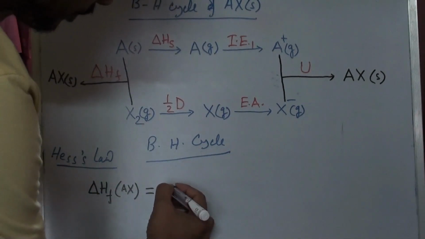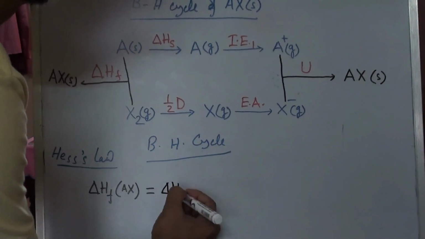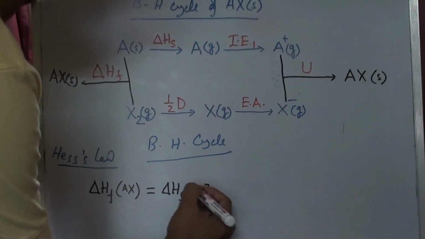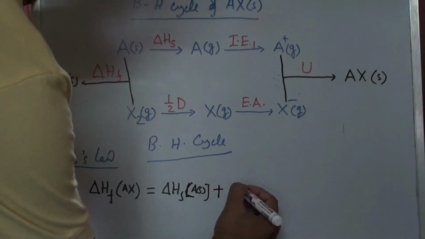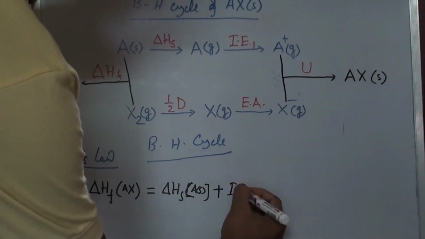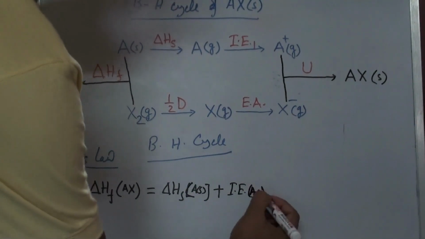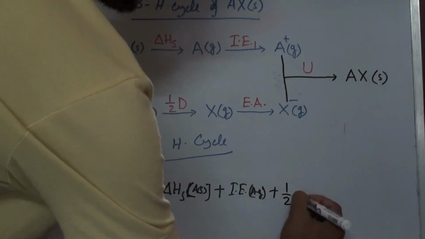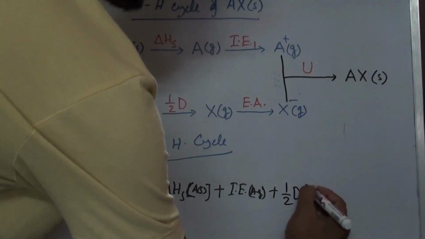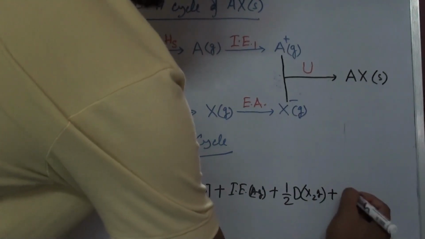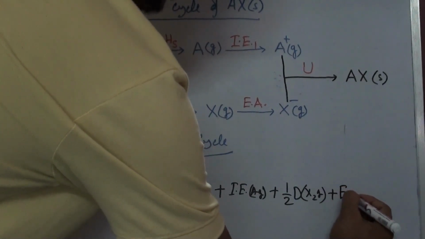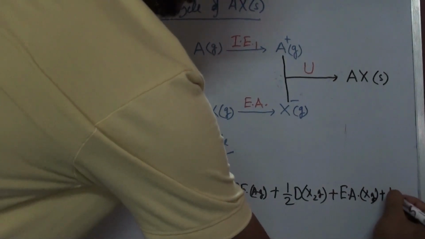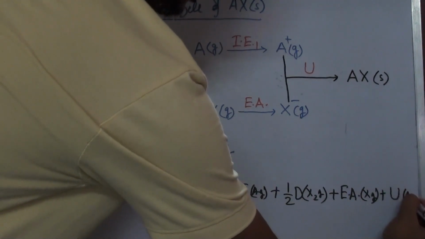So it is nothing but delta H sublimation of A solid, plus ionization energy of A gas, plus half dissociation energy of X2 gas, plus electron affinity of X gas, plus U of AX solid.